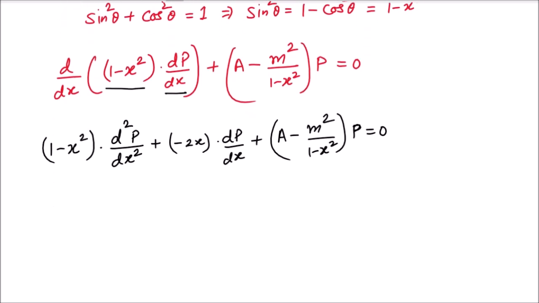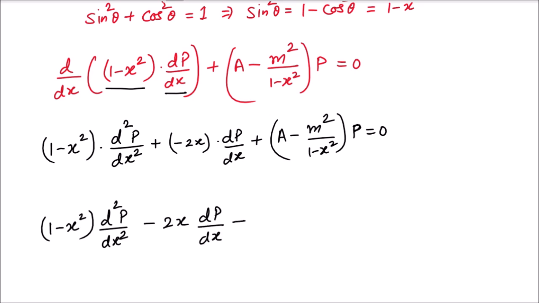That means this equation becomes 1 minus x square, second differential of P with respect to x, minus 2x differential of P with respect to x, plus a minus m square upon 1 minus x square into P equal to 0.